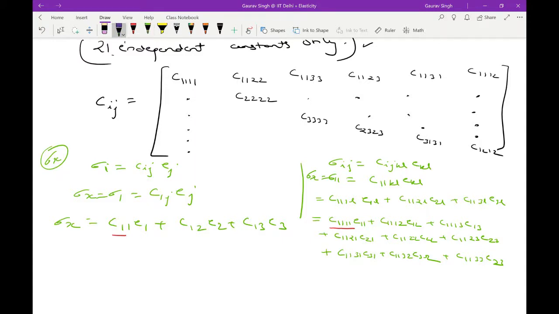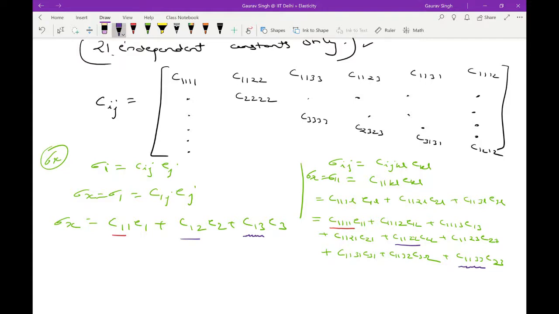C12 is this one, because E22 is the same as E33. And E33 is this quantity C13. Okay, that's done.